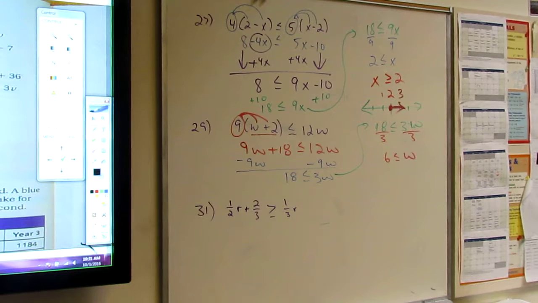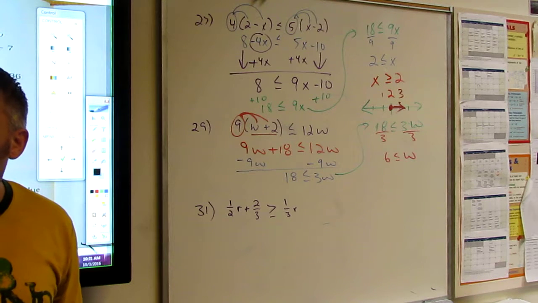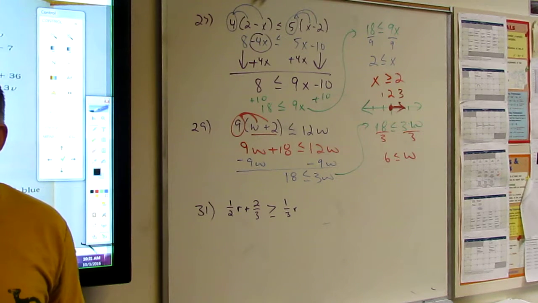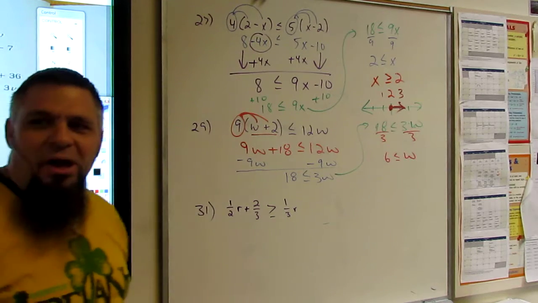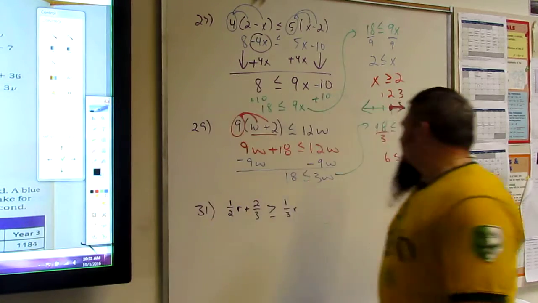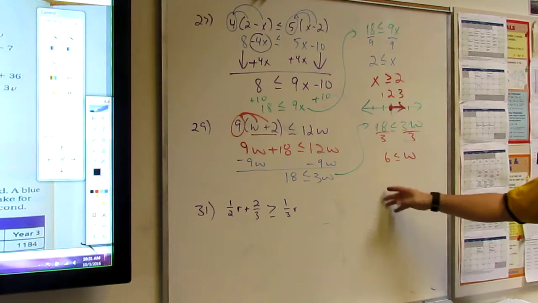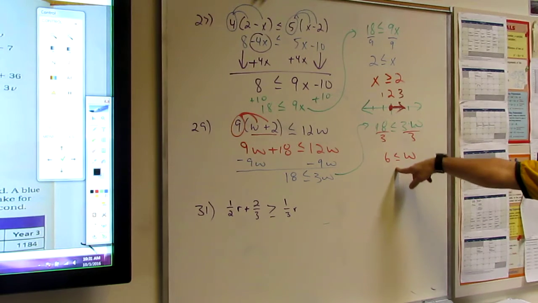Now how am I going to graph that? If the variable's not on the left, then I have to switch it, right? Wait, why? Left, right, I don't get that part. Why? Now, I don't have to switch it, but this arrow is telling me the opposite direction of where to go.